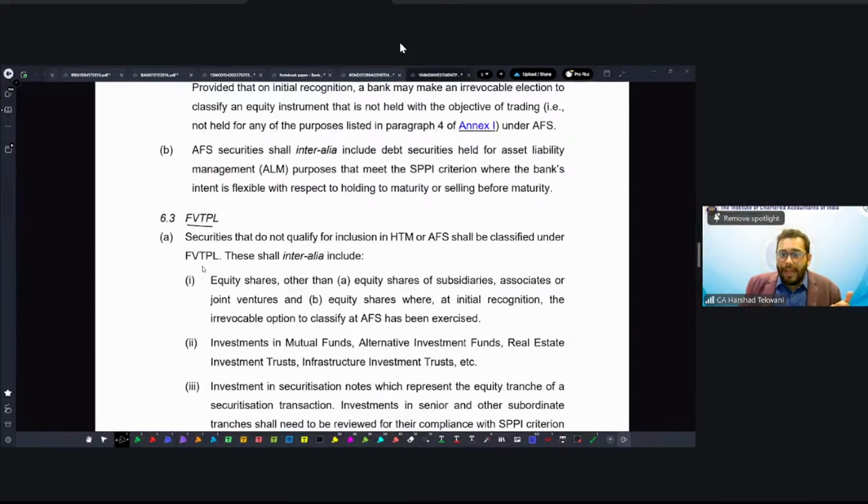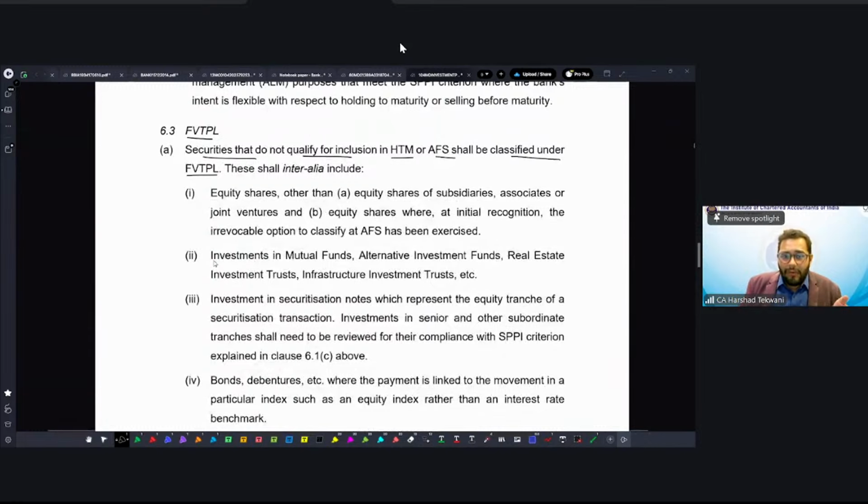Securities that do not qualify for held to maturity or available for sale shall be classified under this category, like equity shares, investment in mutual funds, AIF, REITs, then investment in securitization notes, bonds, debentures, all those things.